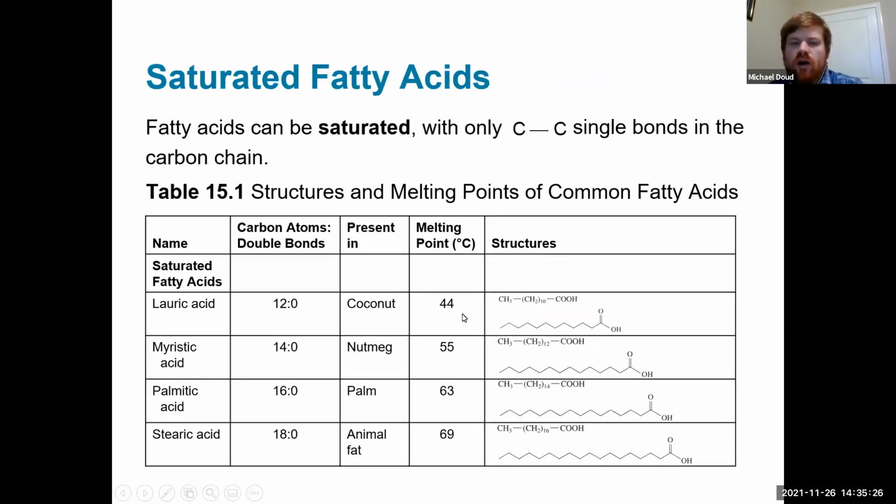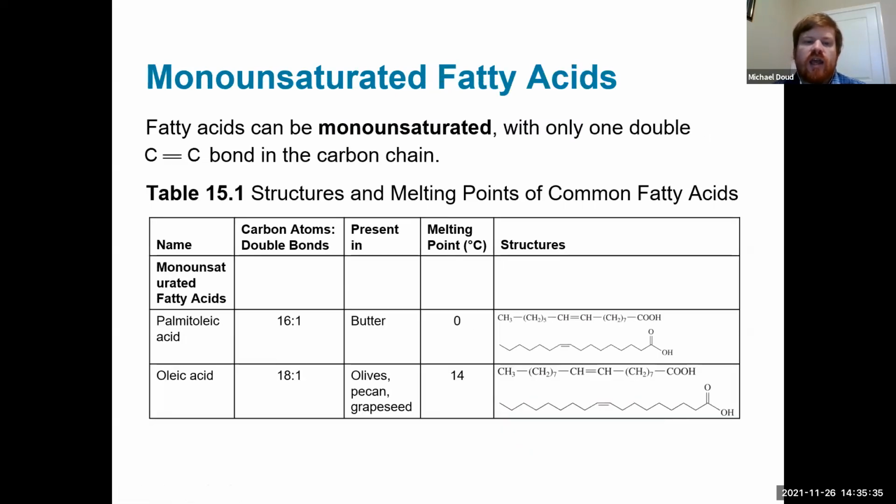So note, all of these that we had for the saturated fatty acids were solids at room temperature. And now that we're in these unsaturated fatty acids, we're finding that they're actually liquids at room temperature. Oleic acid is the same. It's present in olive oil, grapeseed oil as well. And these have at least one double bond.